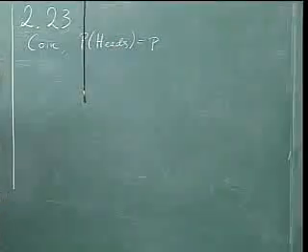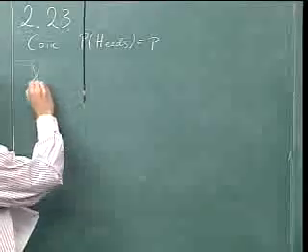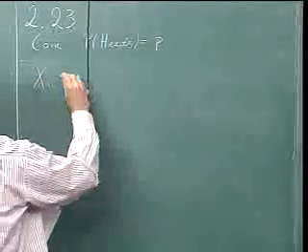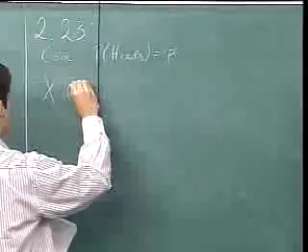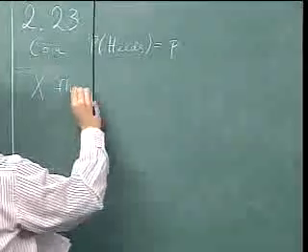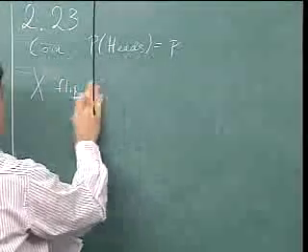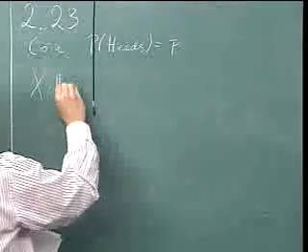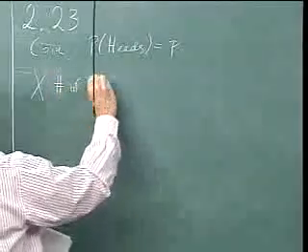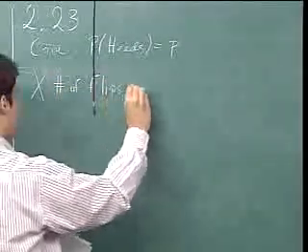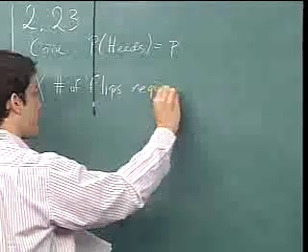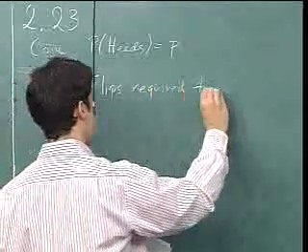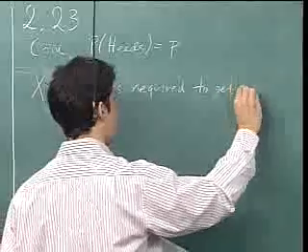And we define the random variable X as the number of flips required to get r heads.